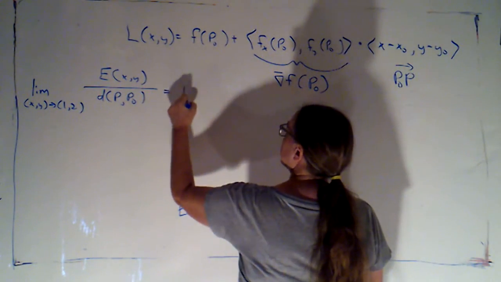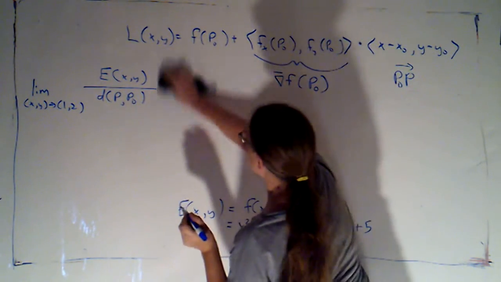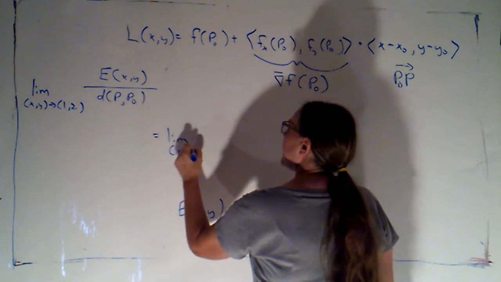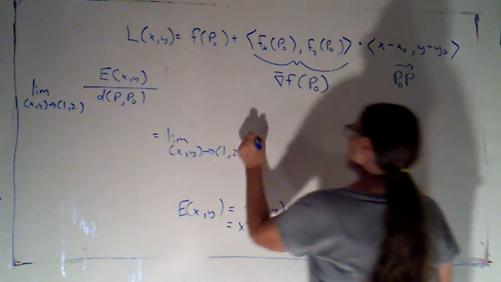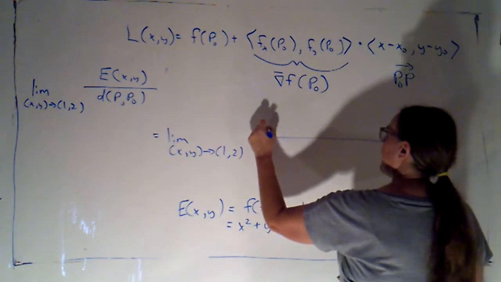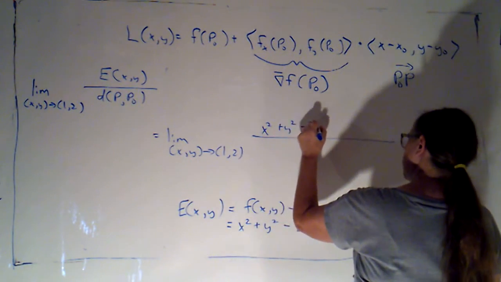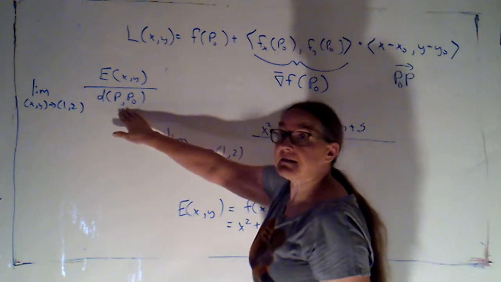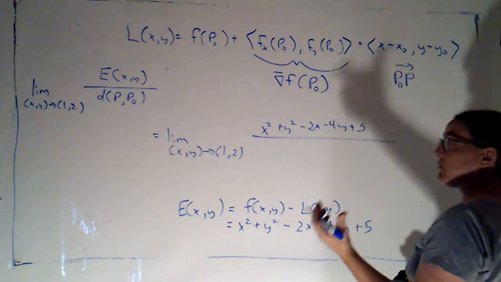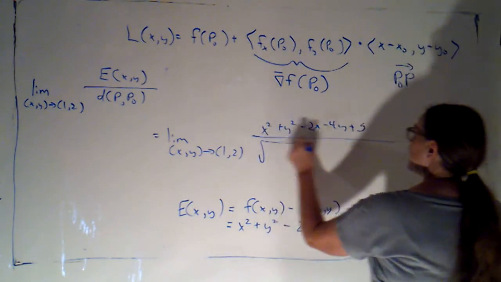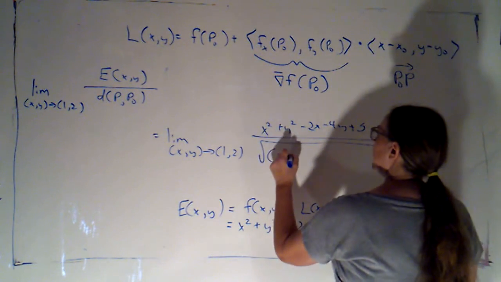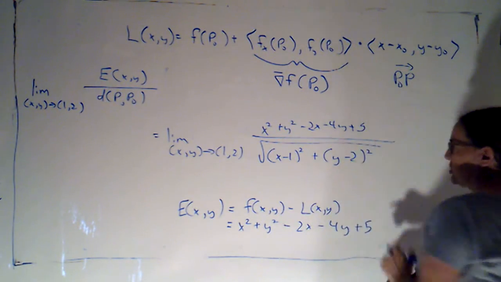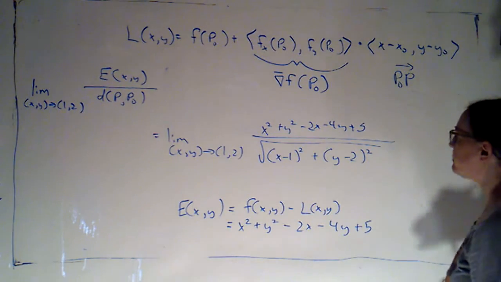So we're looking at the limit as (x, y) goes to (1, 2) of this fraction, x squared plus y squared minus 2x minus 4y plus 5. The distance between a point (x, y) and the point (1, 2) is just the square root of (x minus 1) squared plus (y minus 2) squared.